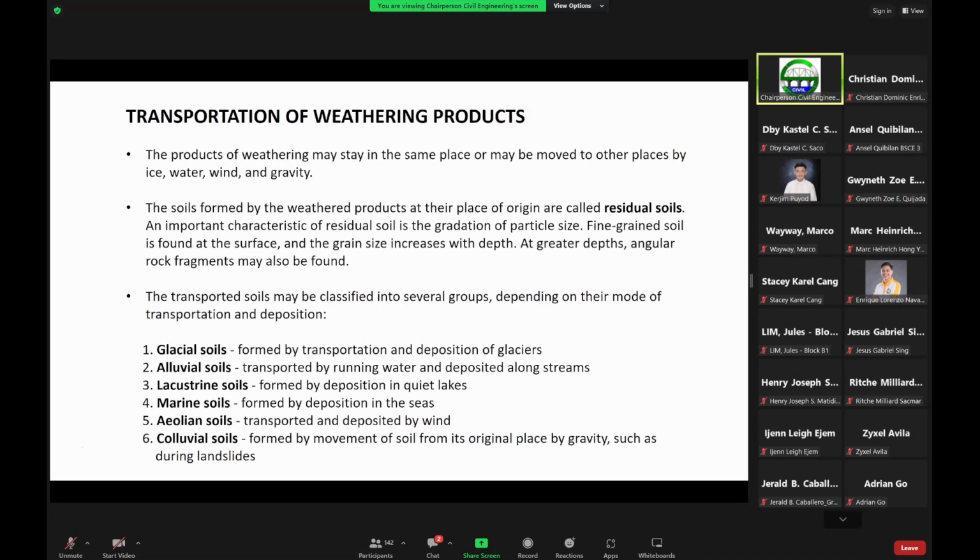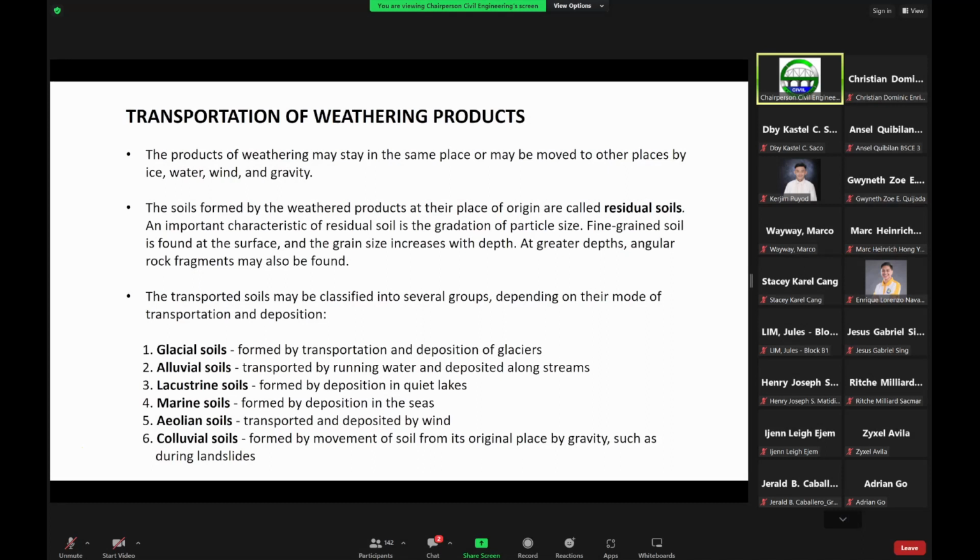With respect to the transportation of weathering products, the products of weathering may stay in the same place, which means that the disintegrated materials may stay on the same place or they may be moved to other places by ice, water, wind, and gravity.